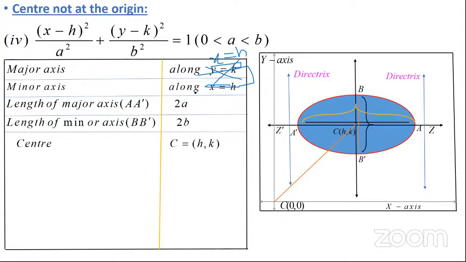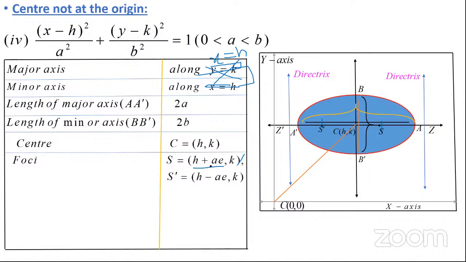So then the center is (h, k), and thus the foci. Observe this one. The foci in the previous one were (ae, 0). Here it is (h plus or minus ae, k) we are taking, that is, the plus one is here and the minus one will be here.